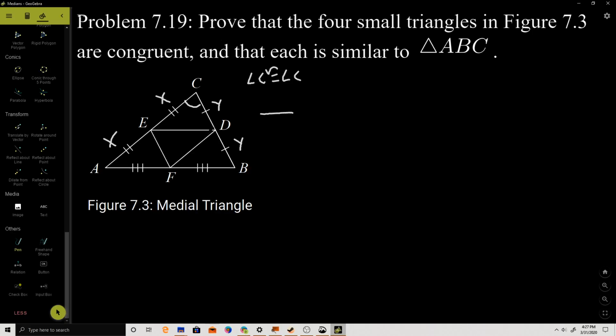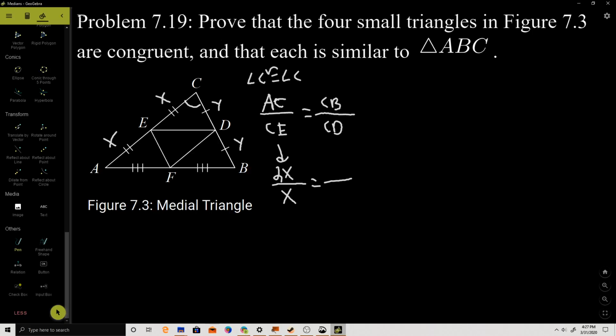And if I'm trying to compare ABC to EDC, let's match the sides up. So let's start with side AC. What side does that match with? Well, it matches with CE. And if I can prove that that's proportionate with CB over CD, that would show similarity. Well, AC has a length of 2x and CE has a length of x.